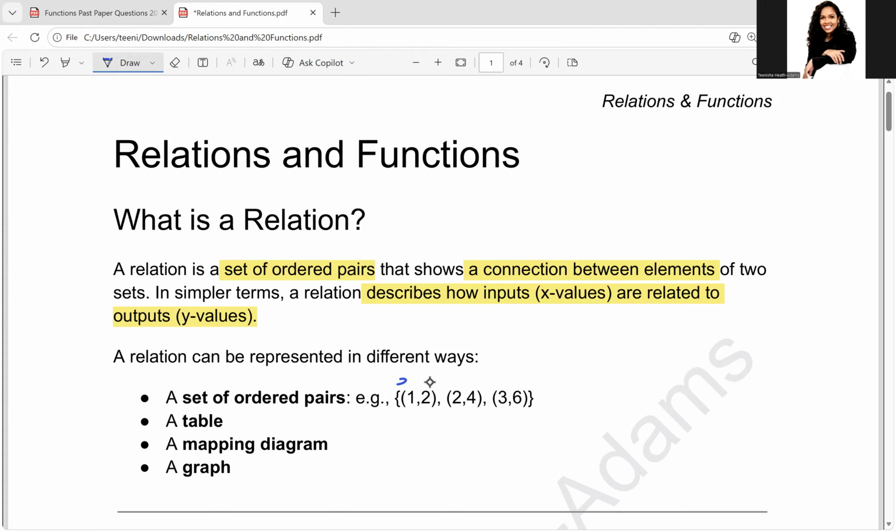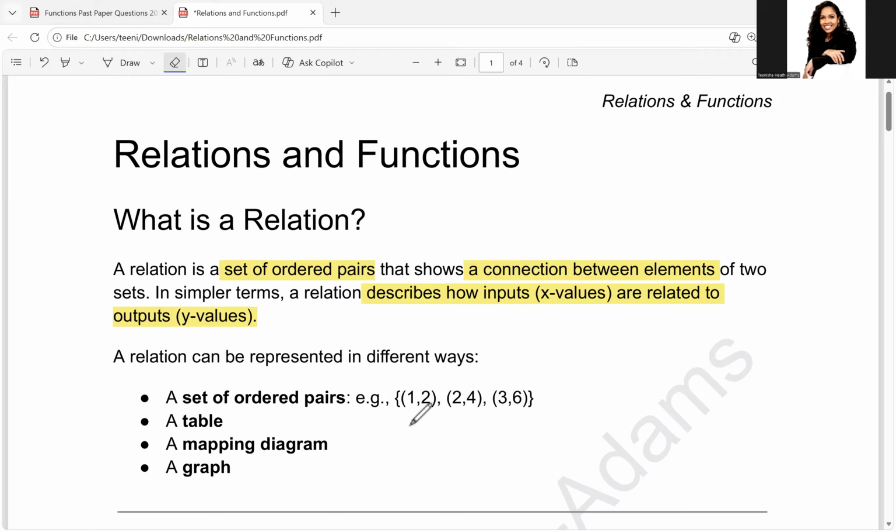Your first value is your x, and the second value is your y. Can anybody tell me what the connection between the x and y values is? Anybody? Do you see a pattern?